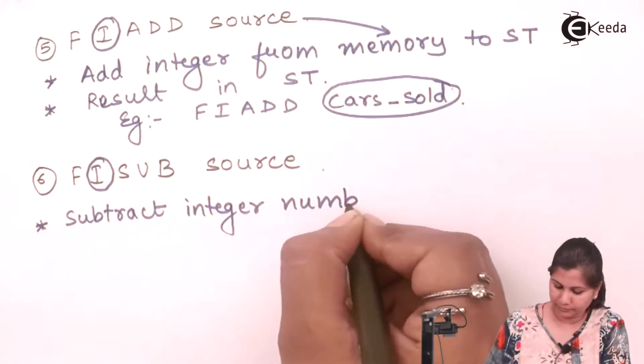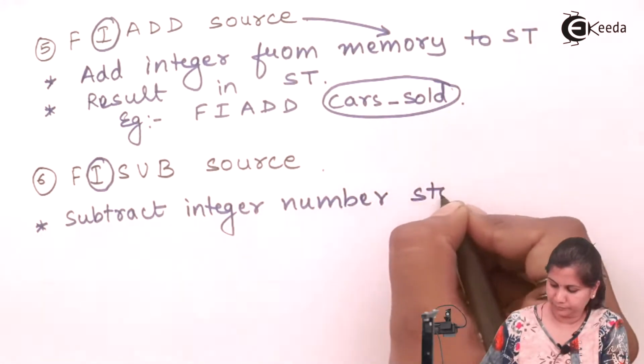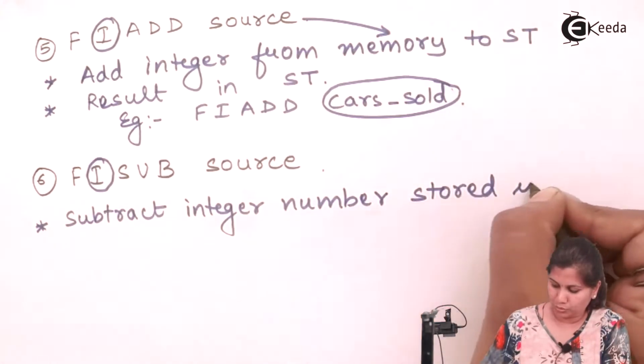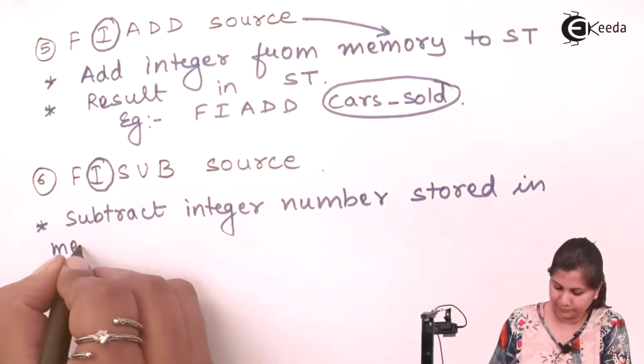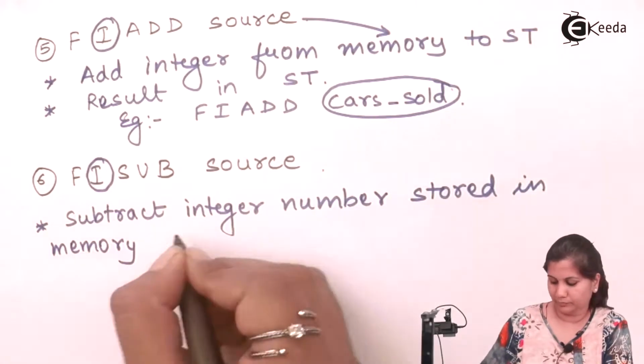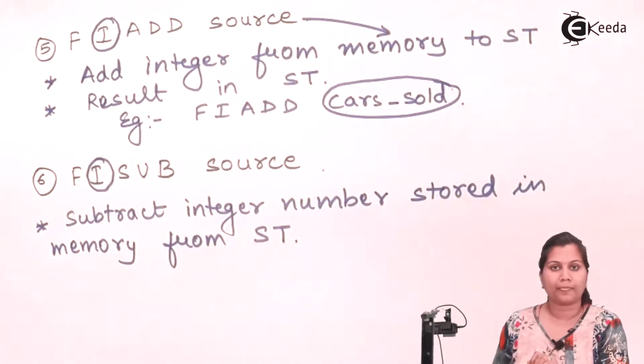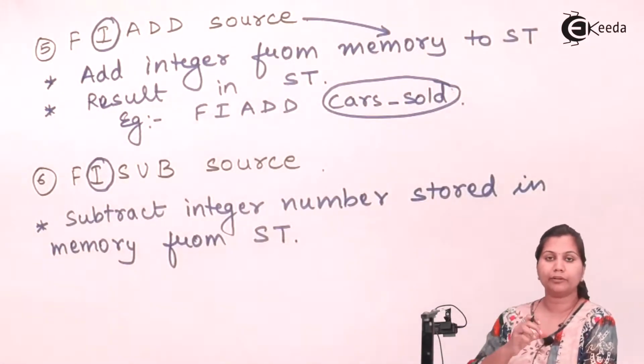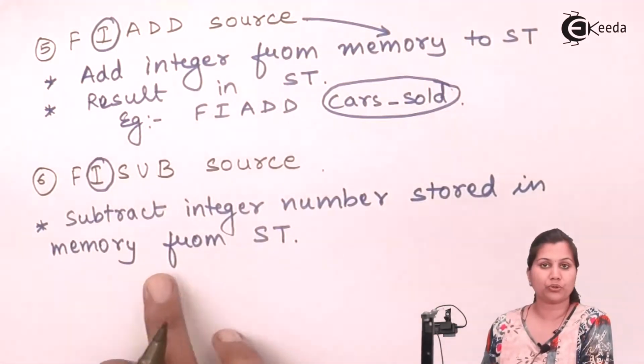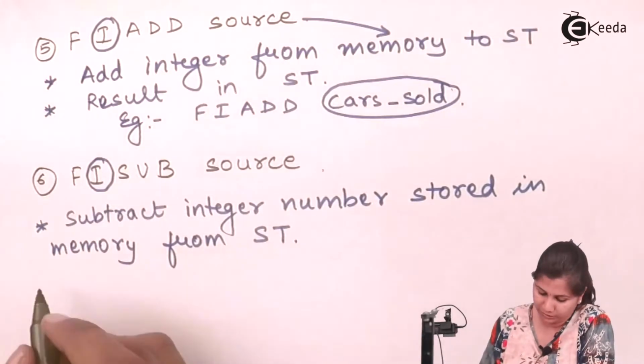Just like that, we have FISUB, so it is going to subtract the integer number stored in memory from ST. It is going to subtract that number from the memory and it is going to store the result in ST only.